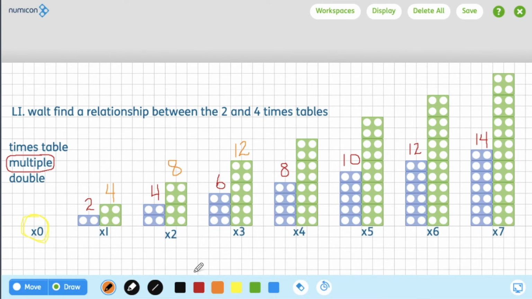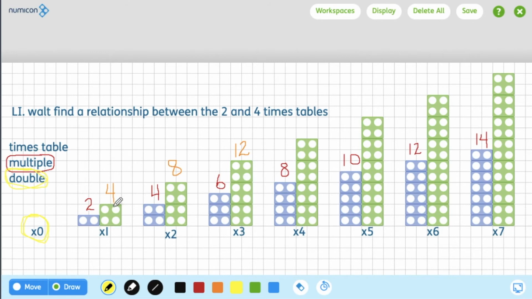Now, what you might have noticed is that every time the 4 is double the number that the 2 is. So, if I double 2, I get 4. If I double 4, I get 8. If I double 6, I get 12. And you might have noticed that that's because 2, just one 2 by itself, is actually half of 4.